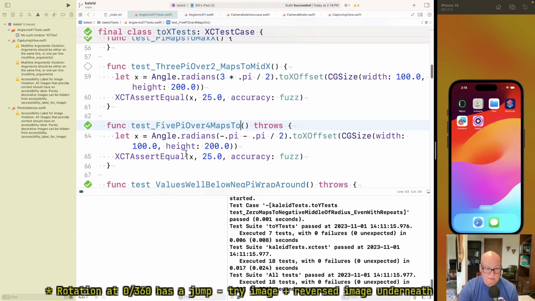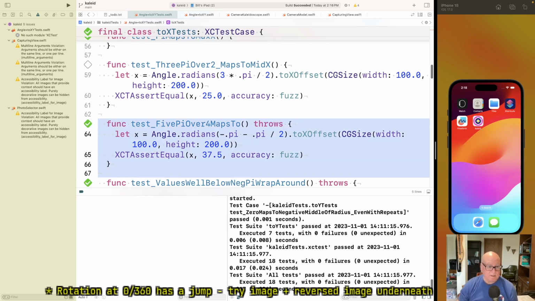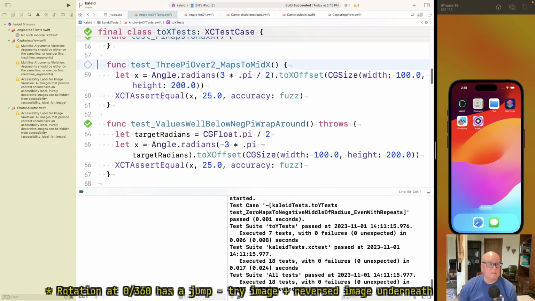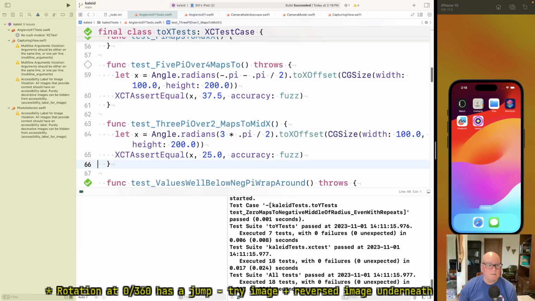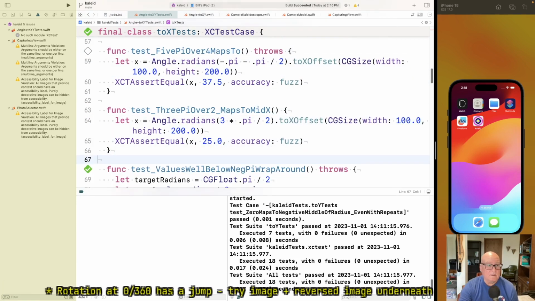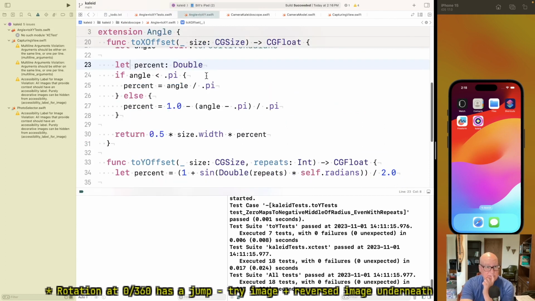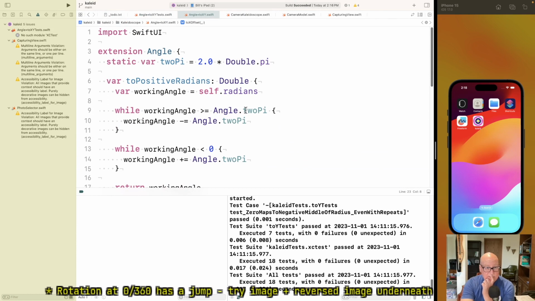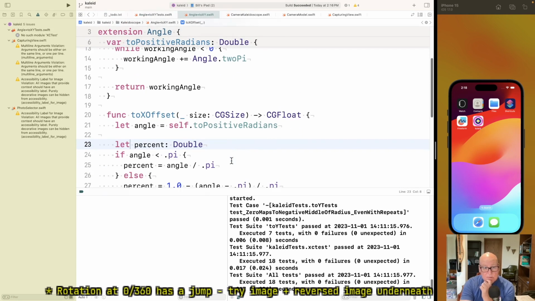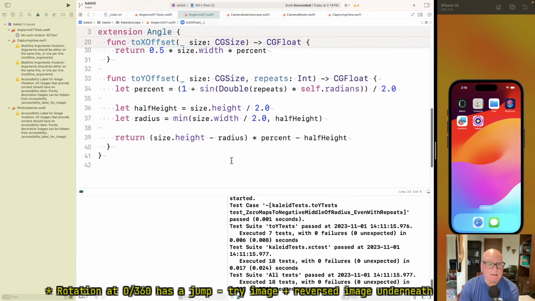So I think that should be 37.5. All right, and let's move this up because it's slightly between those. Okay, and then 2 pi, does that ever happen? I think if it's 2 pi, it's going to go to 0.